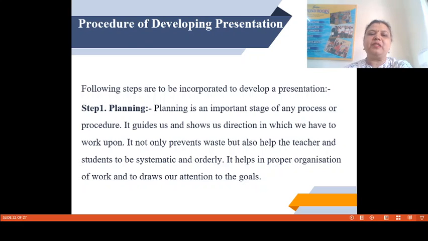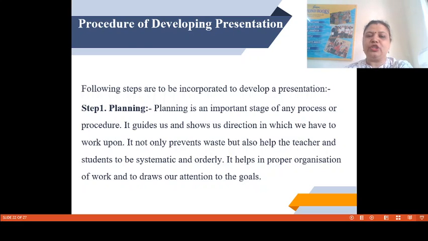The first step is planning. And we all know that if we plan something beforehand, there is very little chance of error, and it also boosts our confidence. So, planning is an important stage of any process or procedure. It guides us and shows us the direction in which we have to work.